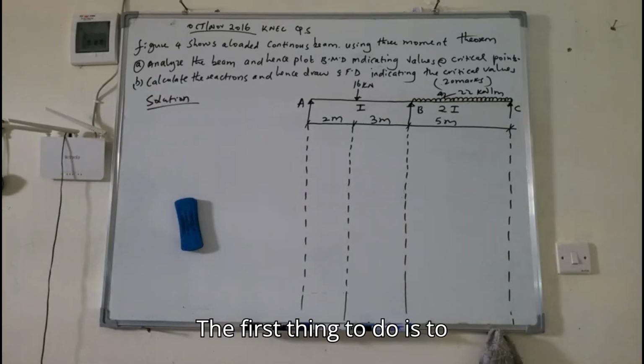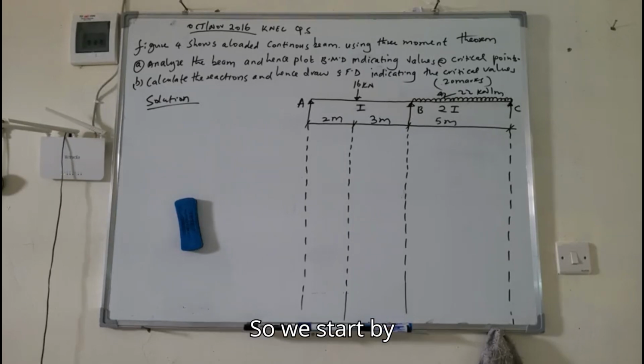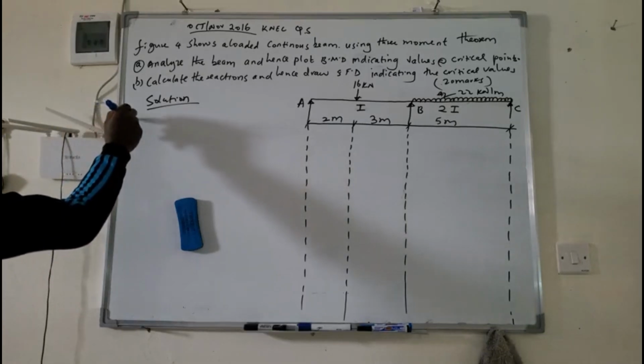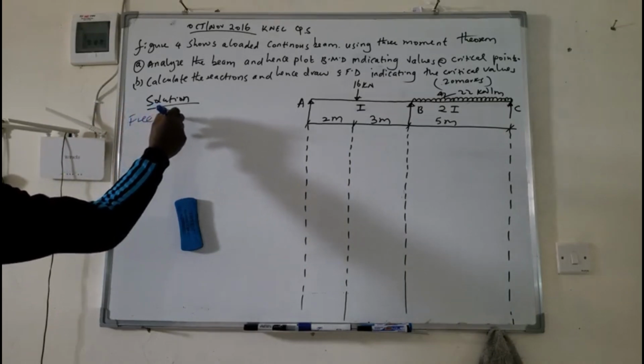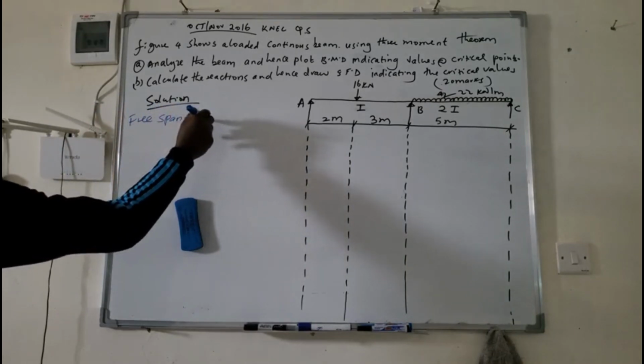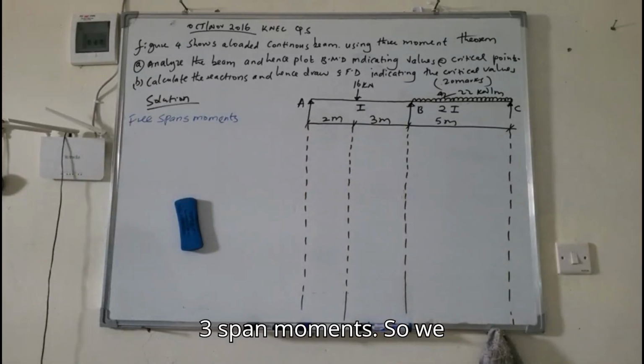The first thing to do is to calculate the maximum bending moment for free spans. So you start by calculating free span moments.